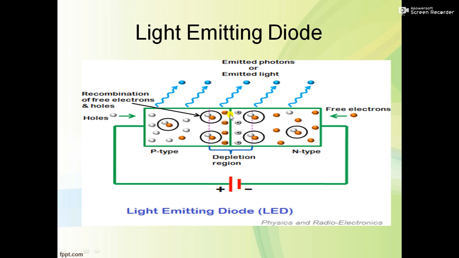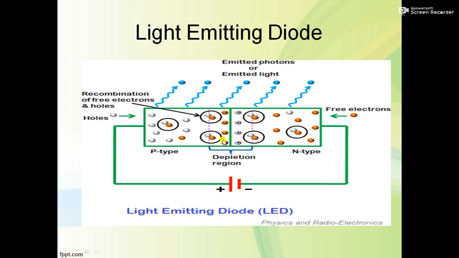This green line indicates the junction between the P type and N type. Holes and electrons, positive and negative charge particles, move towards this junction. As both move towards this junction, automatically the width of the depletion region becomes small. It reduces.